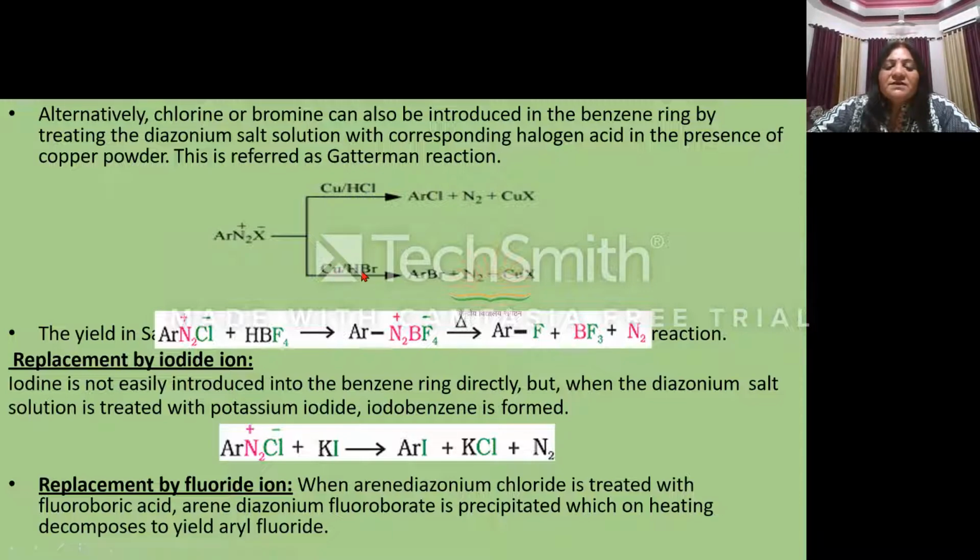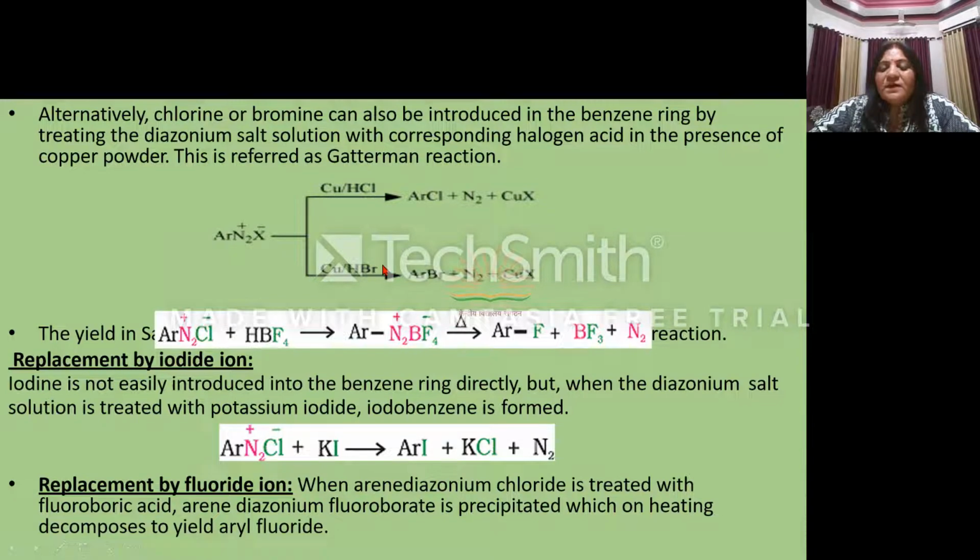So benzene diazonium halide reacts with copper powder in presence of HCl. It gives chlorobenzene with the liberation of nitrogen gas. When it reacts with copper powder and HBr, it gives bromobenzene with the liberation of nitrogen gas. So Gattermann and Sandmeyer are quite similar reactions.